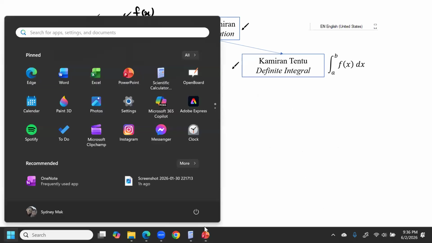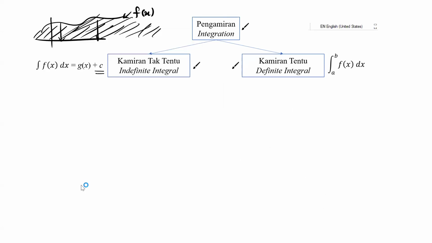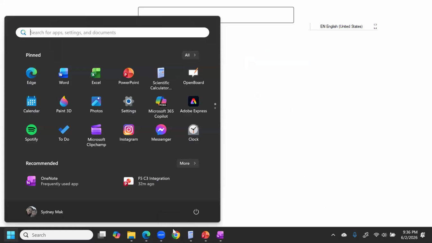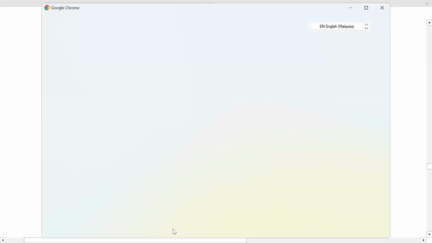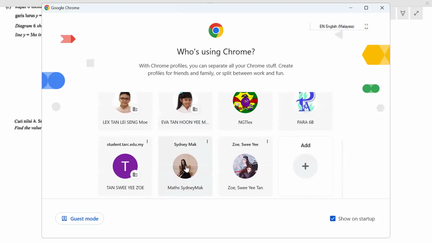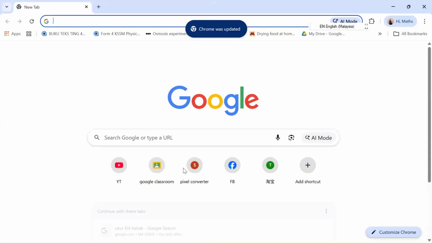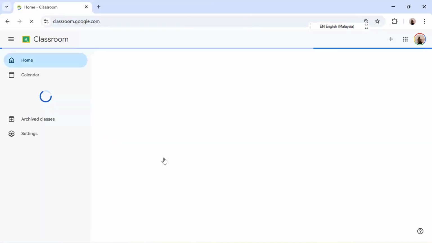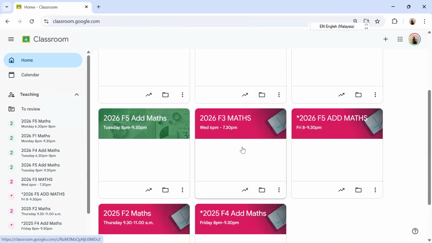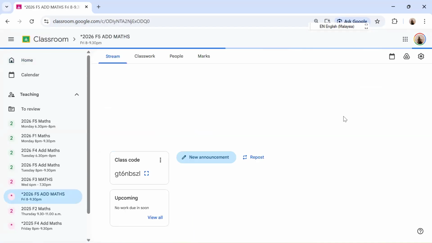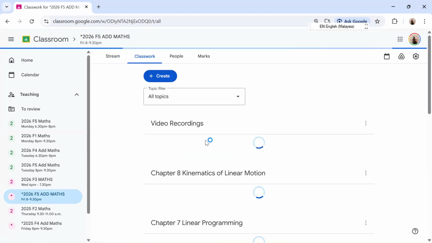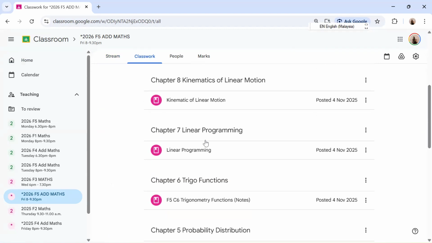Homework. I think it's in the Google Classroom. Go to the Google Classroom. Okay, integration already uploaded.